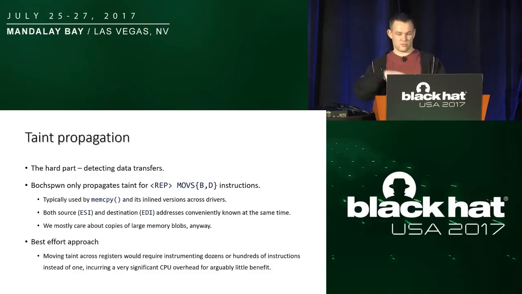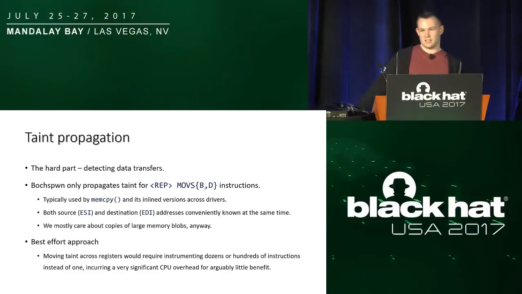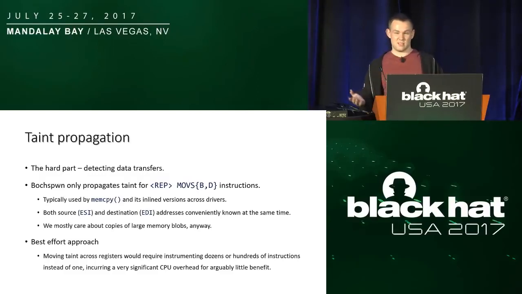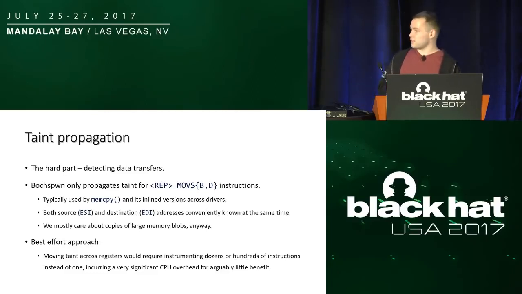The hardest part of all of this is the taint propagation, because we can easily detect allocations, but detecting data transfers and handling them correctly is definitely the hardest part. So in case of my project, I only propagate taint for the rep movsd and rep movsb instructions, which correspond to the memcpy kind of construct.